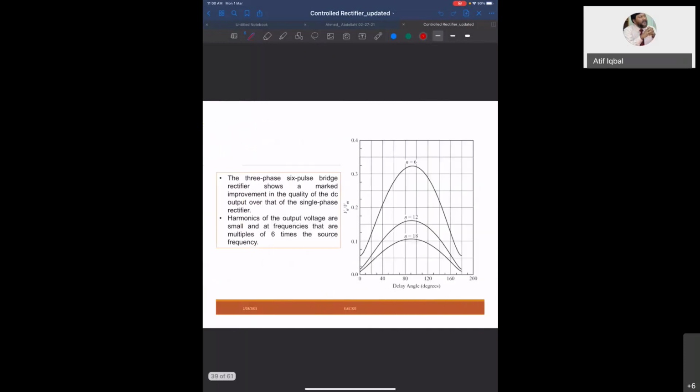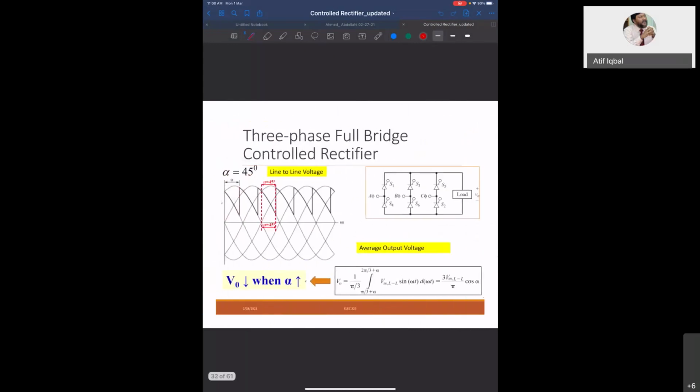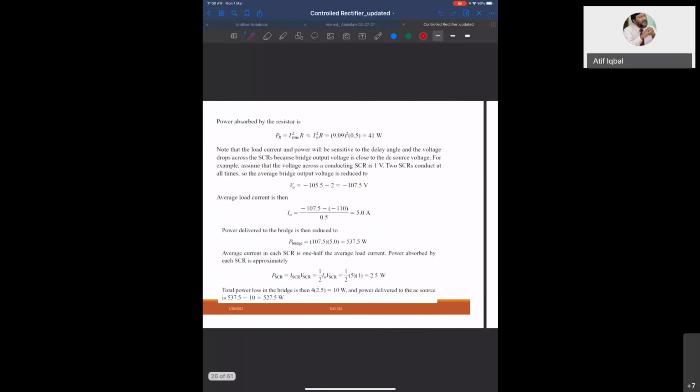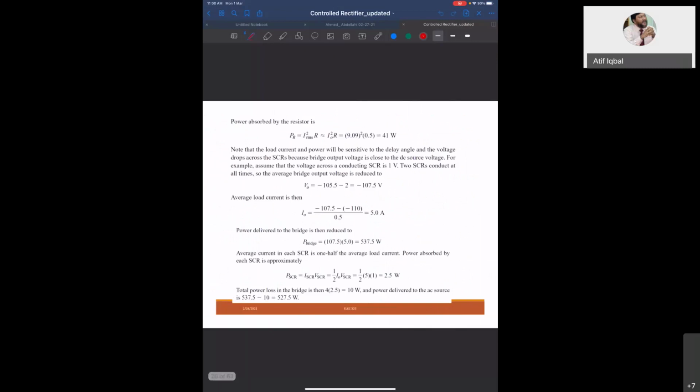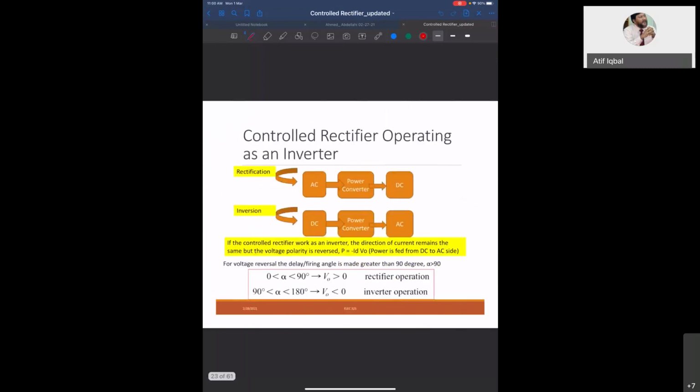Not in much detail, but in short. And mostly it should be focused on the work that has been given, the tasks that are provided there. Yes. Okay, thank you.